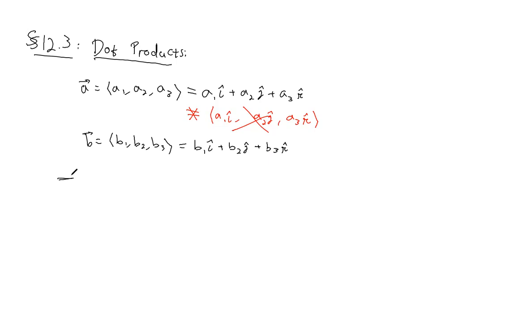We can say then that A dot B, the dot product between the two of them, is going to be A1 B1 plus A2 B2 plus A3 B3. Notice this is a scalar, right? Joe likes to call this the half-assed dot product.